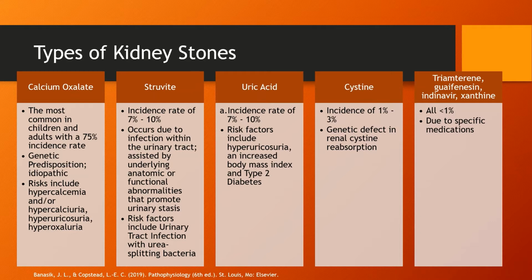The last two types, cystine and then the following one, those are the least common ones. They're typically associated with just family defects, and then the last one where it's just all but 1% of incidents, that's mostly due to a specific type of medication someone's taking.